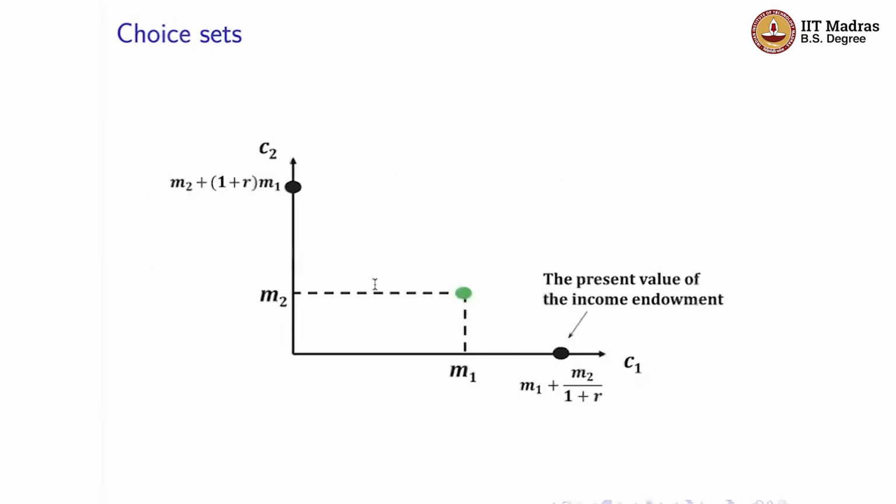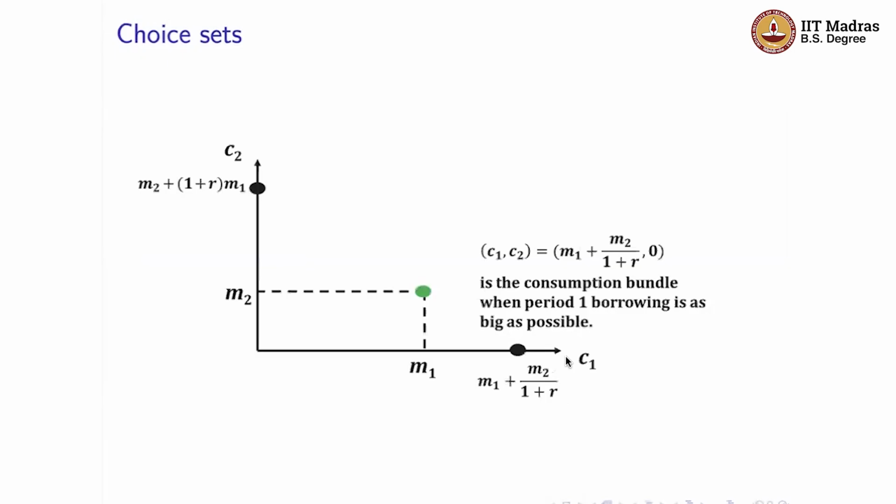So this M1 plus M2 by 1 plus R is the present value of your income if your income is M1 in the first period and M2 in the second period. That represents the maximum amount of consumption in the first period that you could have done. And this point is also going to be lying on the budget constraint.